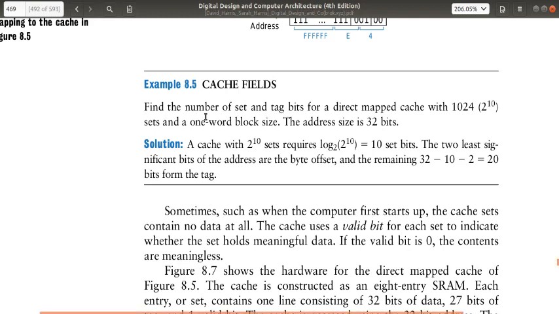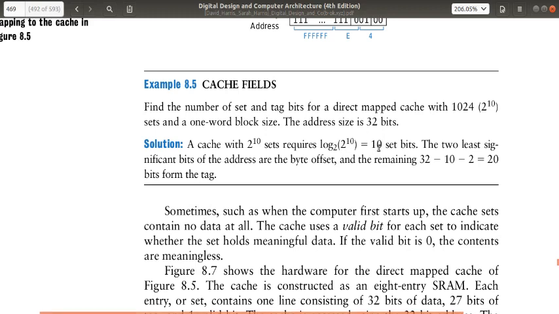Since it is a direct mapping, how many blocks will be there in a set? Only one. So the cache has 2 to the power of 10 sets, therefore it will require 10 set bits, that is log of 2 to the power of 10 to the base 2.